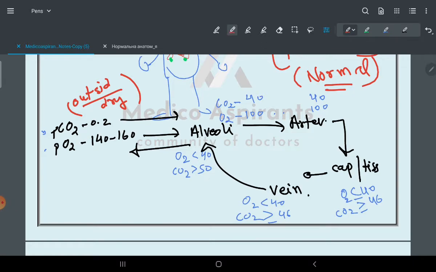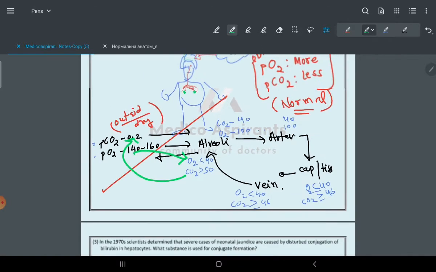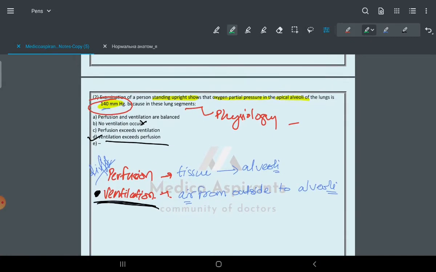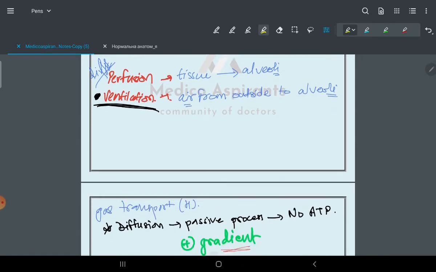When you correlate with normal, like it is a normal outside and inside: inside there is less oxygen partial pressure and outside is more, so oxygen will go in this direction, and for CO2 it is more inside and less outside, so CO2 will go this direction. This is the normal concept behind this question. Hope you will be able to solve this question. And now the next one.